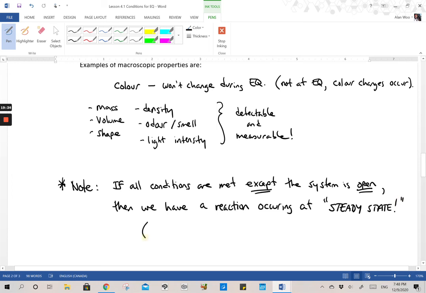Okay. Steady state is not equilibrium. It's close, but it's technically not. Okay. You can think of it as equilibrium in an open system. Okay, but more commonly we just call it steady state.